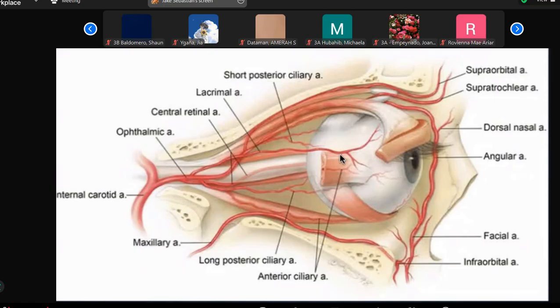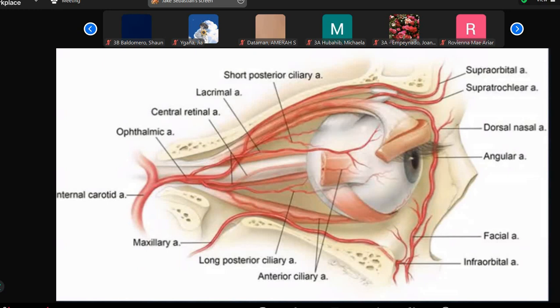So when we do muscle surgery, like when we fix cross-eyed patients, when we cut the muscle, we have to limit it to only two or three muscles. If we cut more than three muscles, we can cause anterior segment ischemia.